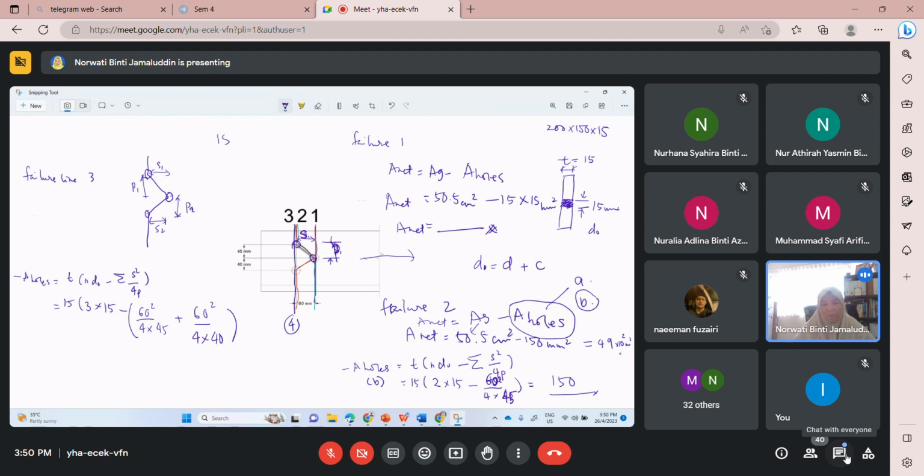See, 45, 40. Then calculate for me. Then A net, stick to this general formula: AG is 50.5 centimeter squared minus whatever value you get from this calculation.